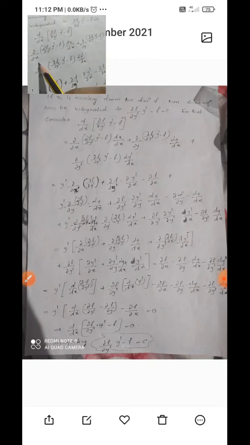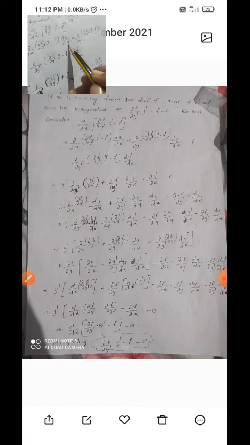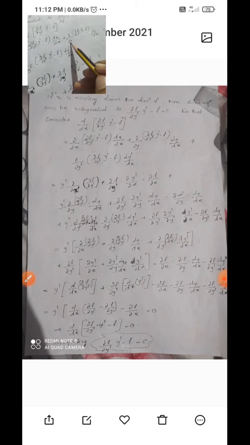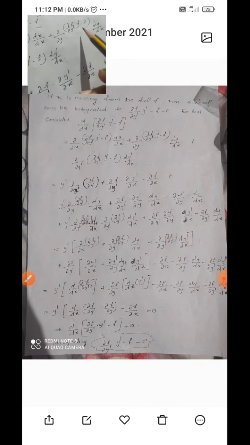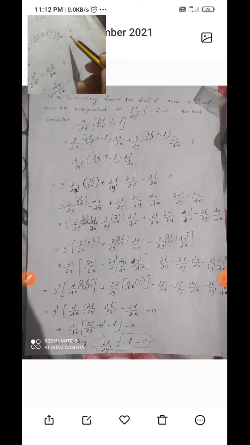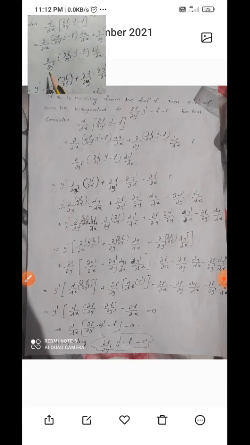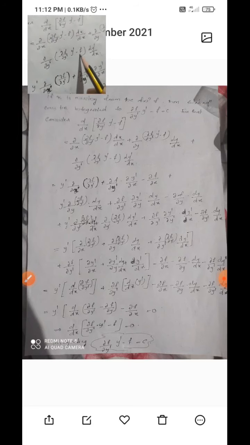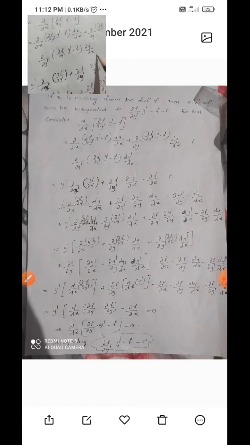Then we get ∂ by ∂x of (∂f by ∂y dash into y dash minus f) dx by dx plus ∂ by ∂y of (∂f by ∂y dash into y dash minus f) dy by dx plus ∂ by ∂y dash of (∂f by ∂y dash into y dash minus f) into dy dash by dx.